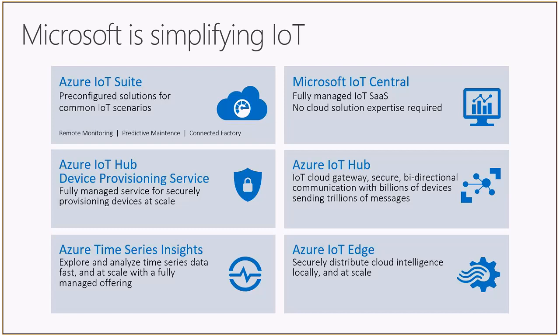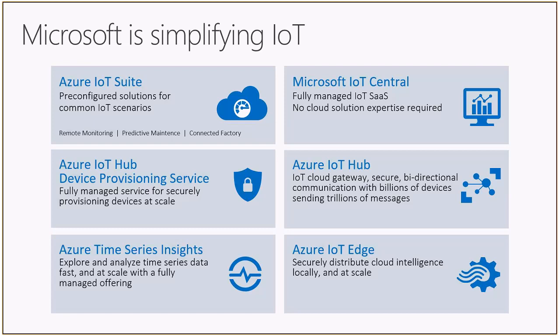And one of the new offerings which went public preview is Azure IoT Edge, where you can actually securely distribute your intelligence locally. So basically, whatever intelligence you have created on the cloud, it could be streaming analytics, you could use functions, machine learning, AI, etc. The same bits can be brought down onto the edge and run at scale.